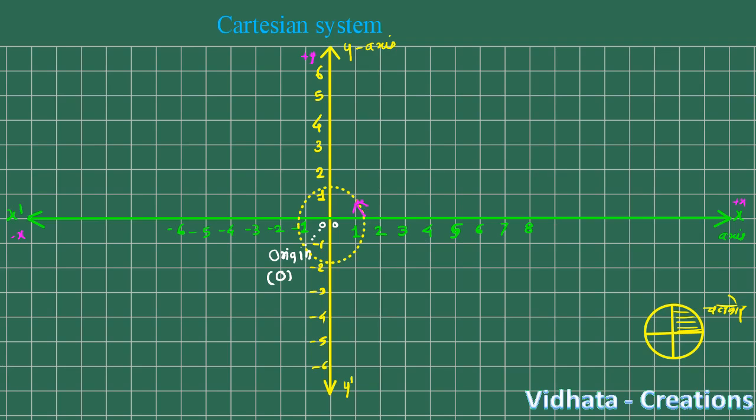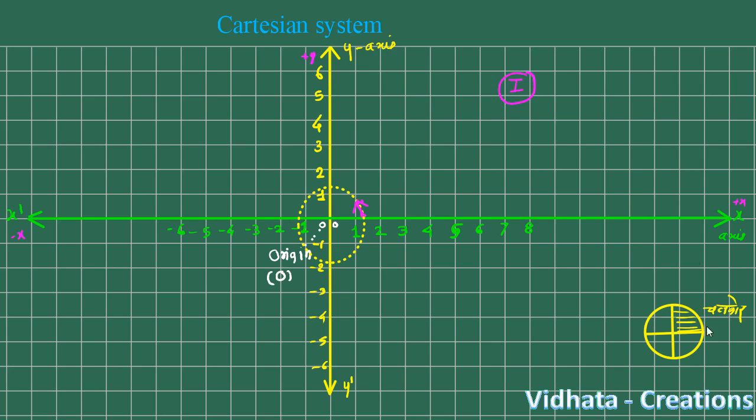Like this you have to move anti-clockwise. From positive x-axis, if you go anti-clockwise, then this is what you are going to see. This is called the first quadrant. So I will name it quadrant number 1.